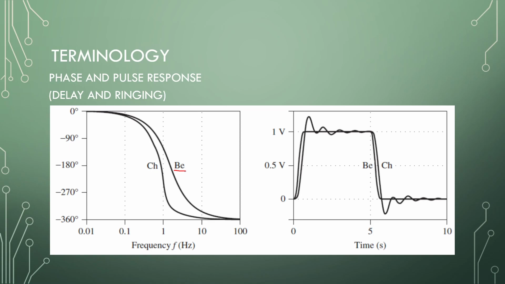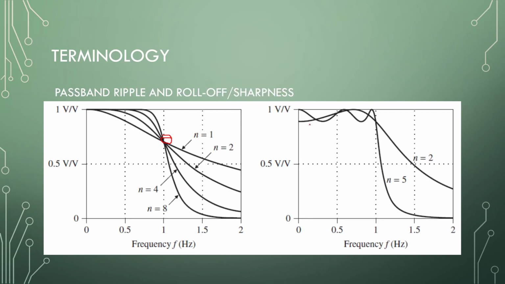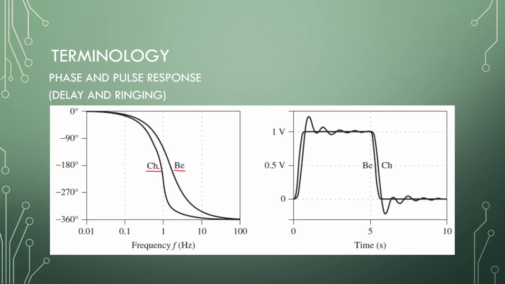So the Bessel is a very stable filter, and the Chebyshev is a bit of an unstable filter. We can see that in the passband, the fact that we have these ripples is considered to be a very high Q value, and that will cause oscillations. This comes from our phase response.